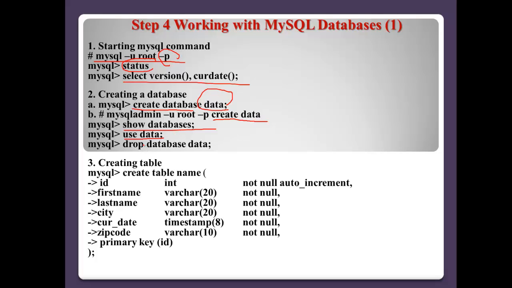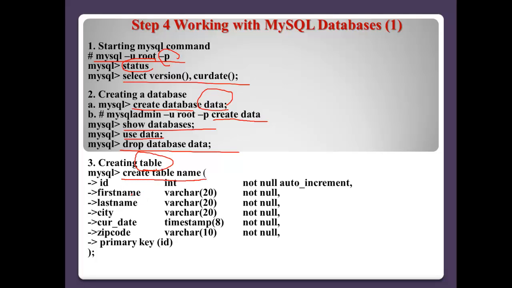But sometimes we need to drop or delete a database. In this case, we can use this one, drop database data. Number 3, creating a table. So now if we are successful in creating a new database, then we can make tables using this command, create table name.